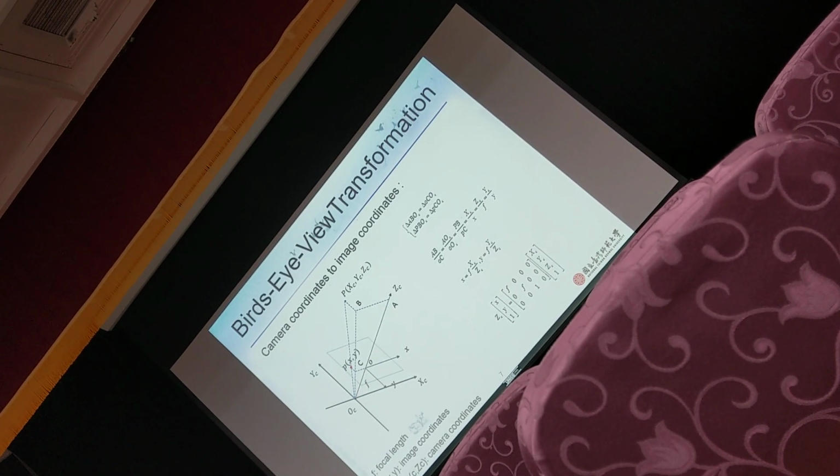By this proportional relationship, we can infer the relationship between the 3-dimensional coordinates of point P(X, Y, Z) and its projection P(x, y) on the image plane.